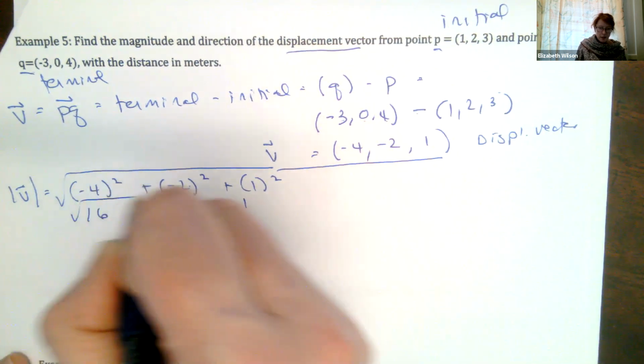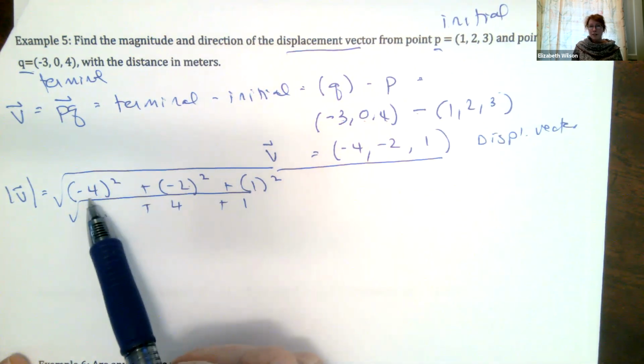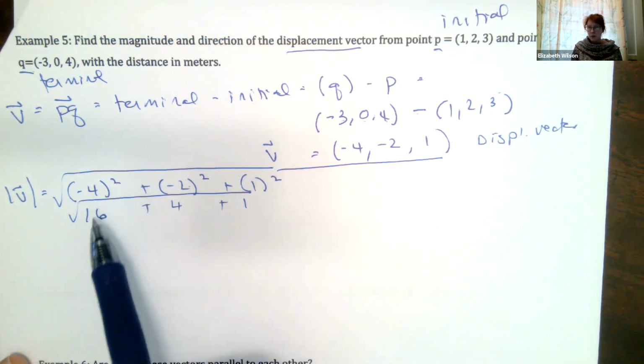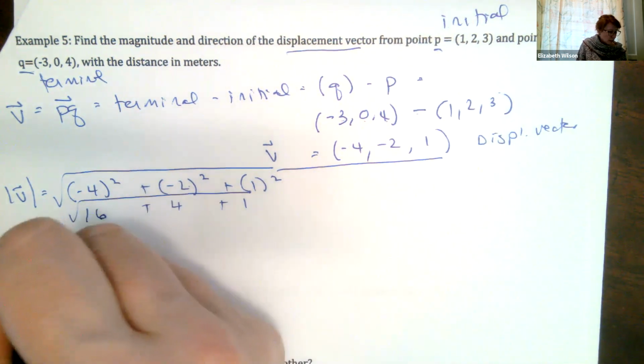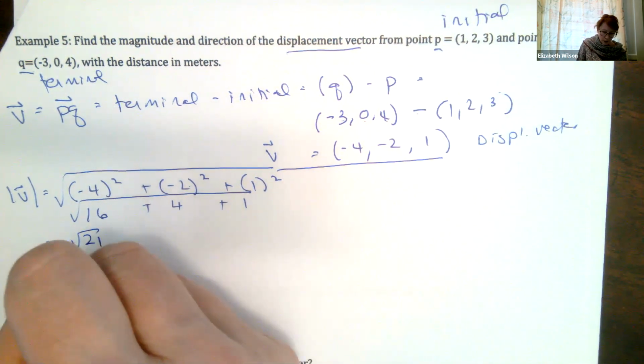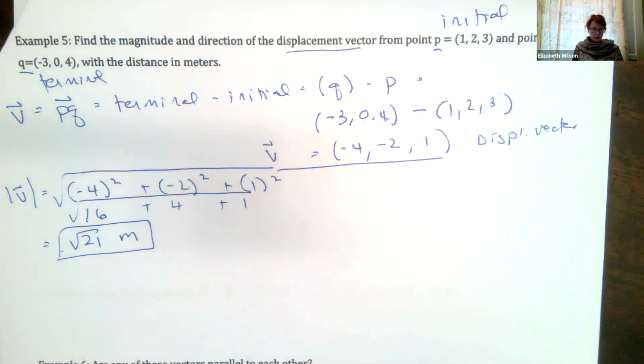By the way, I saw on the quiz you guys made some simple algebra mistakes. 4 squared is not 8. Be very careful. 4 squared is 16. I know you're going really fast. You're probably stressed out. Just make sure, take a breath. Make sure that you're getting your algebra right. So this is going to equal radical 21. And this is in meters. This is our magnitude.